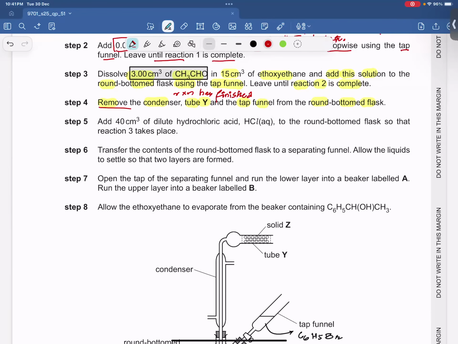That's the meaning of this whole statement. Add 40 cm cube of dilute hydrochloric acid to the round bottom flask so that reaction 3 takes place. Why are we adding HCl, and why 40 cm cube? 40 cm cube of HCl means it has to be in excess.